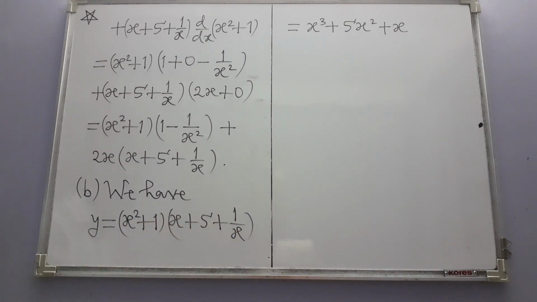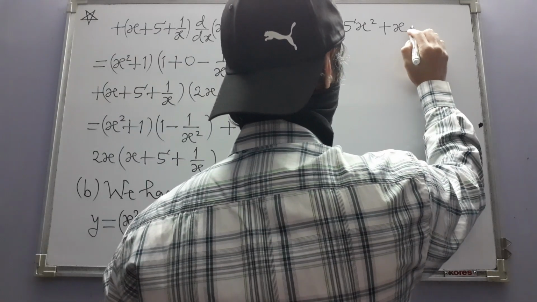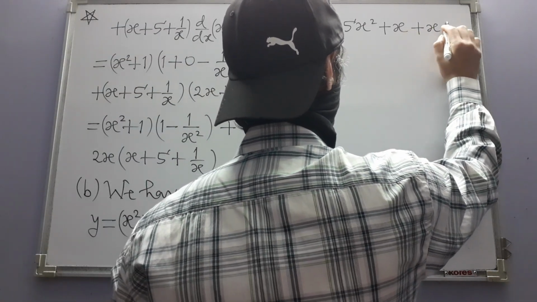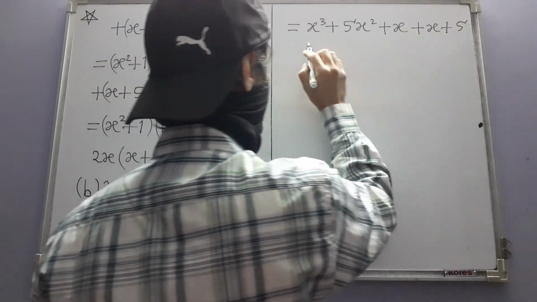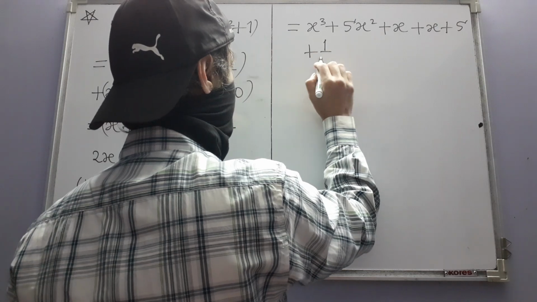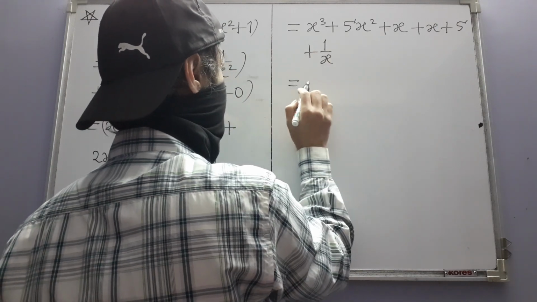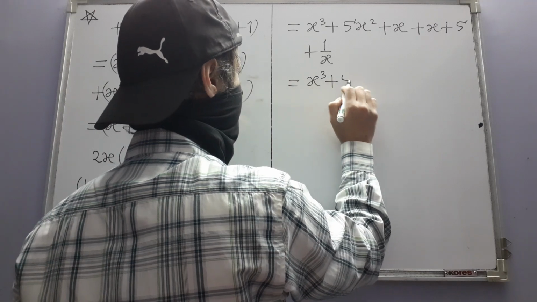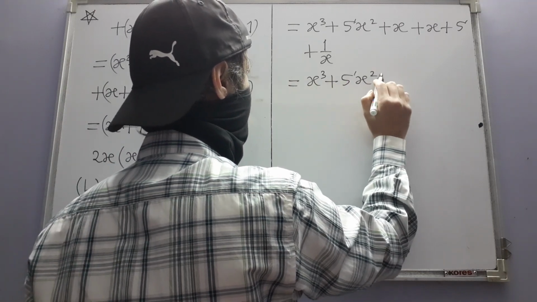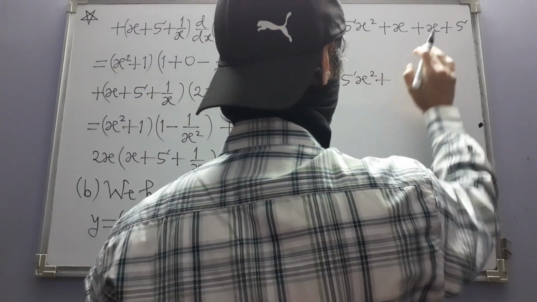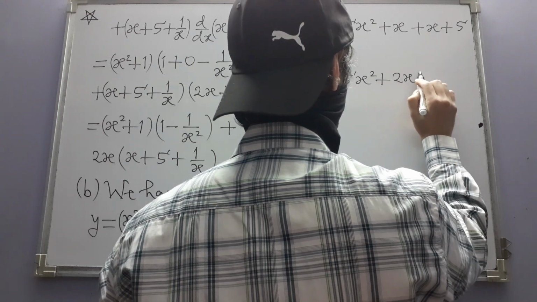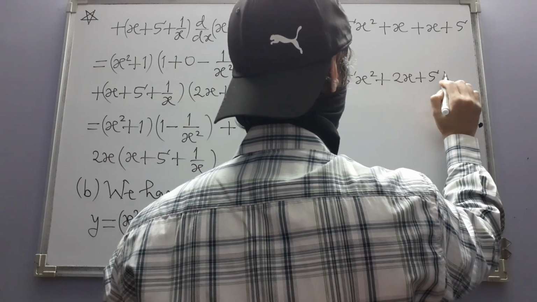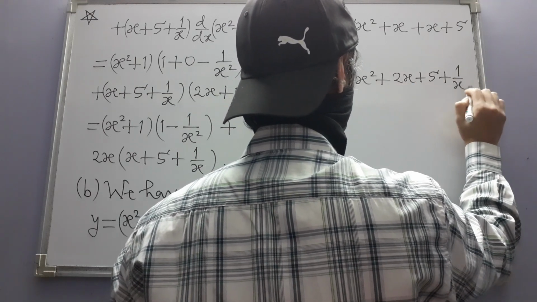It just gives us the terms back, that is plus x plus 5 plus 1 over x. That means we ultimately get x cube plus 5x square plus x is 2x plus 5 plus 1 over x.